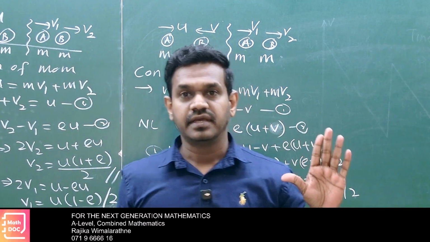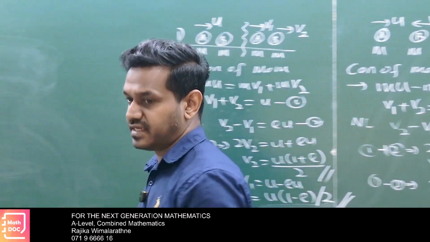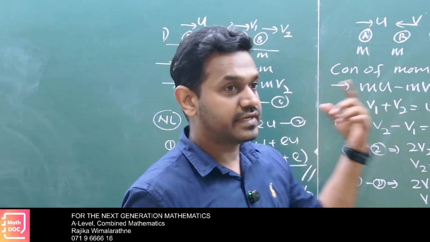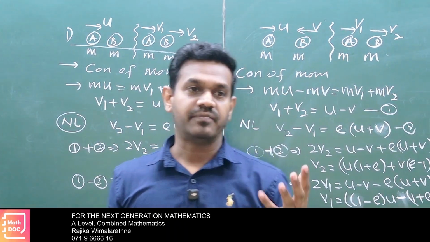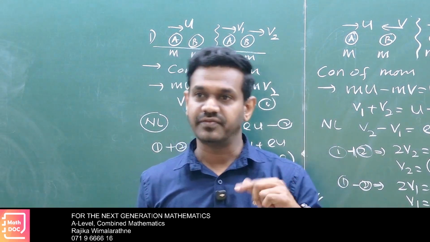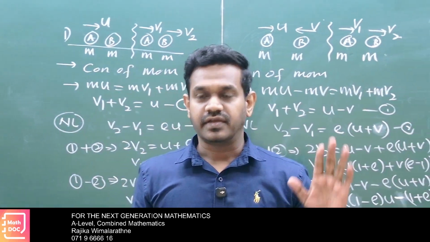Those are direct collisions. You just mark the after-collision velocities v1, v2, then apply conservation of momentum and Newton's law of restitution. After that, you can simplify the equations.